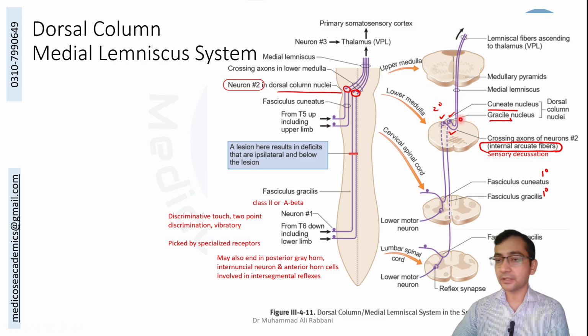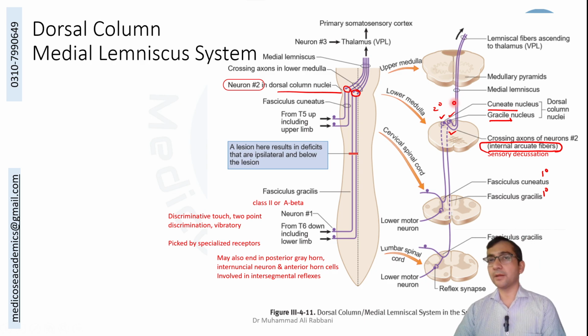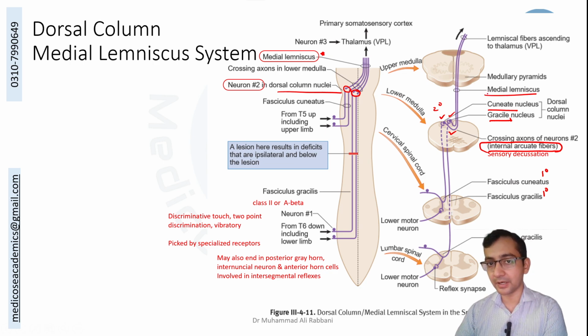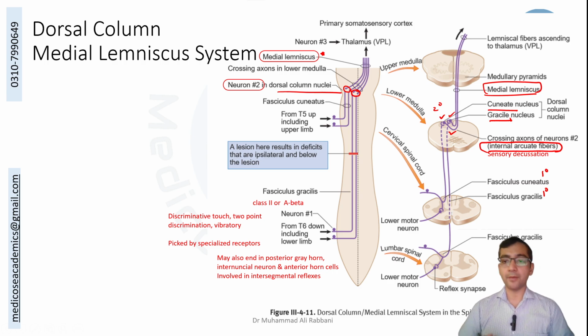After crossing, the fibers will move up in the brainstem, and these ascending fibers are called the medial lemniscus. That has been labeled here as medial lemniscus, and in this picture as well. The medial lemniscus will move up through the brainstem, the medulla, pons, and midbrain, until it reaches the thalamus.